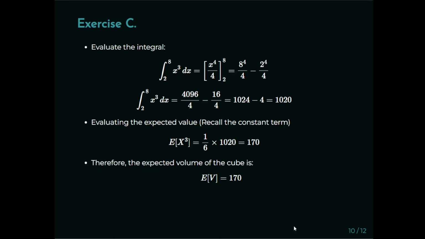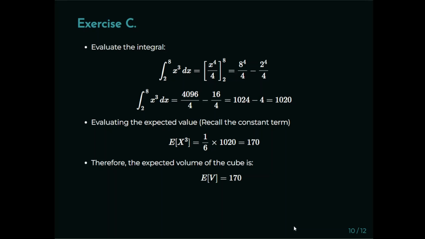So we evaluate our integral at 8, evaluate it at 2, and find the difference. So 8 to the power of 4 divided by 4 minus 2 to the power of 4 divided by 4. That is 4096 divided by 4 minus 16 divided by 4, which is 1024 minus 4, which is 1020.